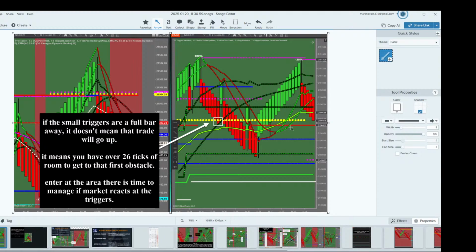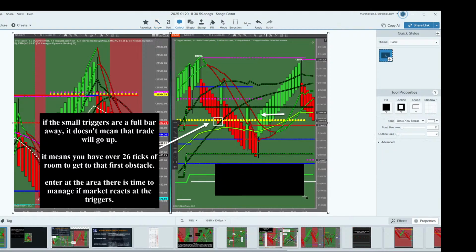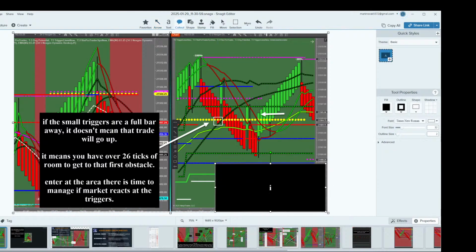And then right here, if the triggers are less than a full bar away, wait for the close on the other side to give you a fighting chance.